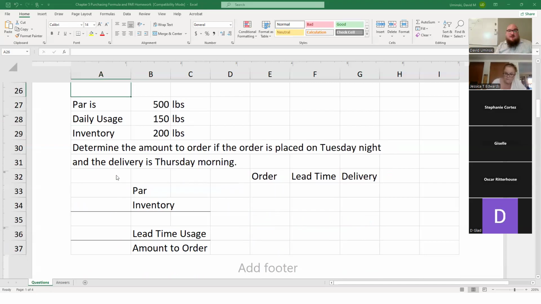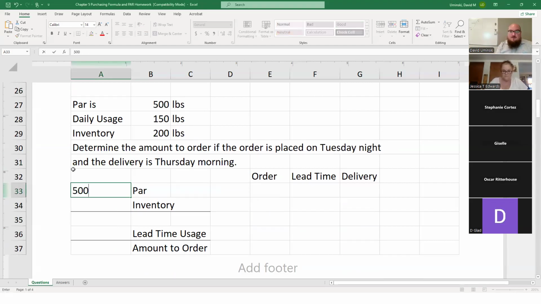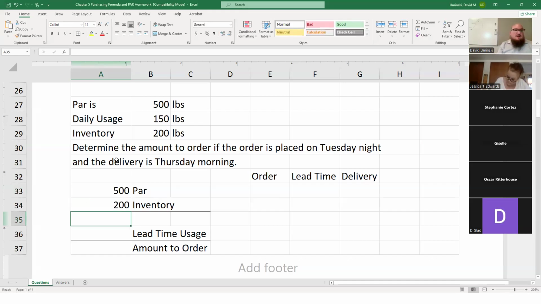All right, let's do one more. Our par is 500. In inventory, we have 200 pounds. So what is 500 minus 200? Okay, so that means we need to order 300 pounds. But let's take a look at our lead time.